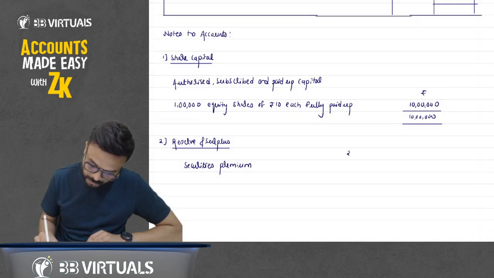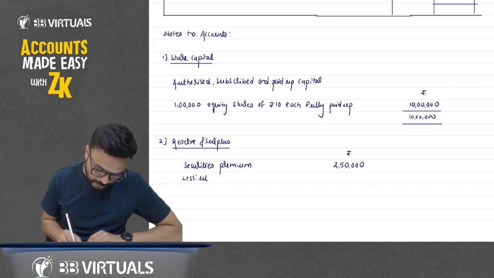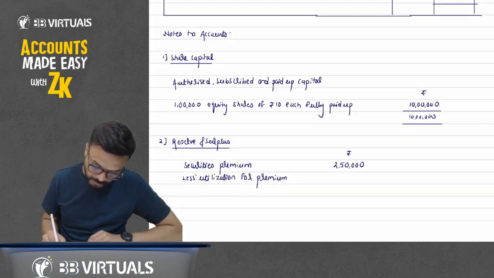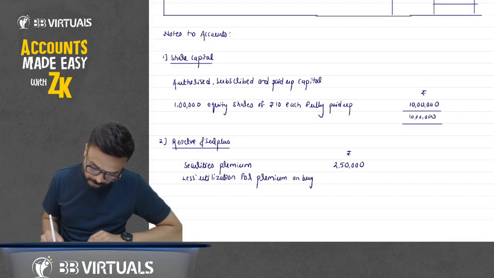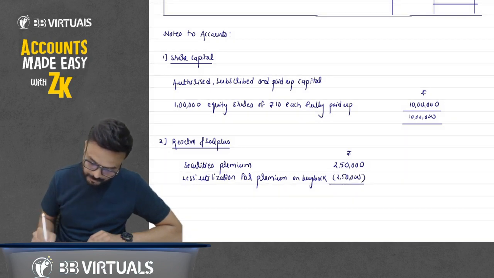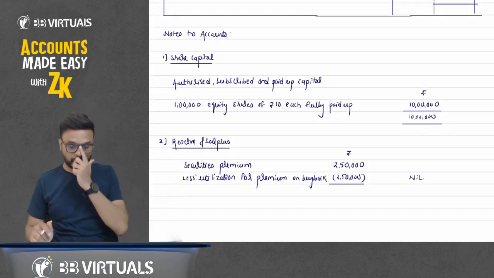Write down in inner column 2,50,000 less utilization for premium on buyback is 2,50,000. So in outer column it will come 0. Okay.